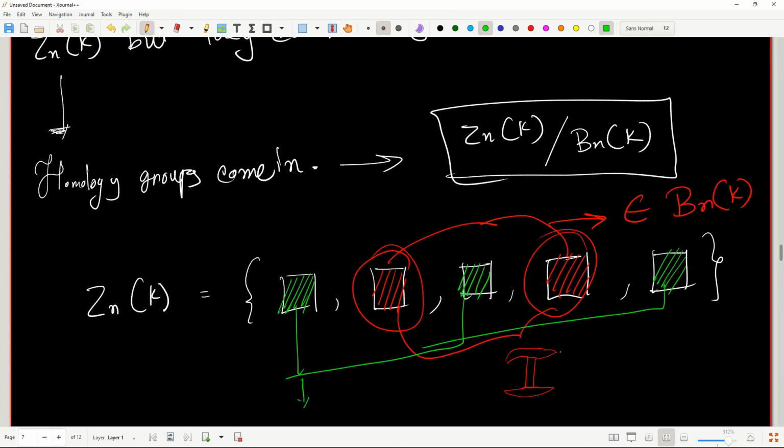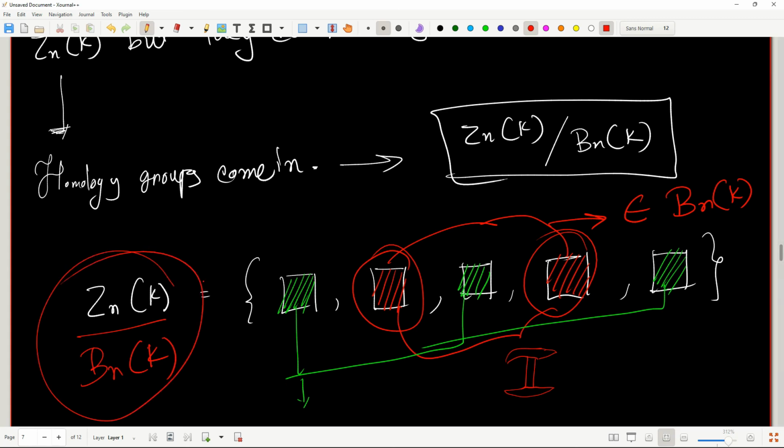And once you compute this, once you take these boundary elements to identity, you just write it as modulo B_n(K). Okay, so that's why it's written like this, and sometimes people call it, the thing that we are computing with this notation, it's actually Z_n factored by the group B_n.